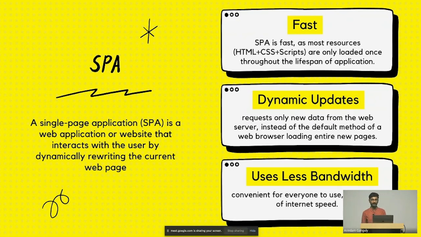SPA tries to load at once at the very beginning, and you can understand it as building blocks, correct? So it loads at once and then updates dynamically on every request, and of course it uses less bandwidth as well.